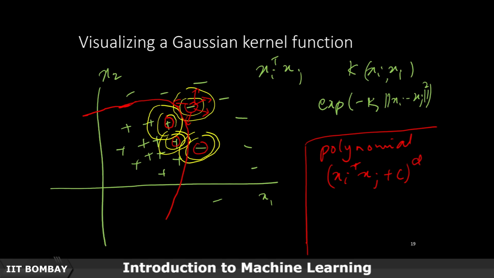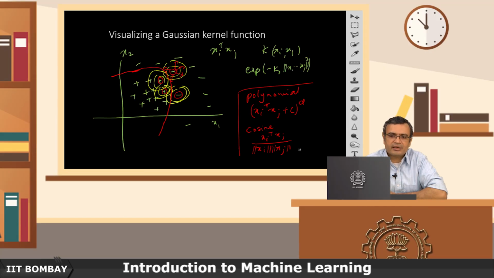You can have a cosine kernel where you have xi transpose xj divided by the L2 norm of xi times the L2 norm of xj. So there are multiple different kernels. And you can have a linear kernel which is just xi transpose xj, which means that there is no non-linear transformation. You will just find a linear boundary in the x space.